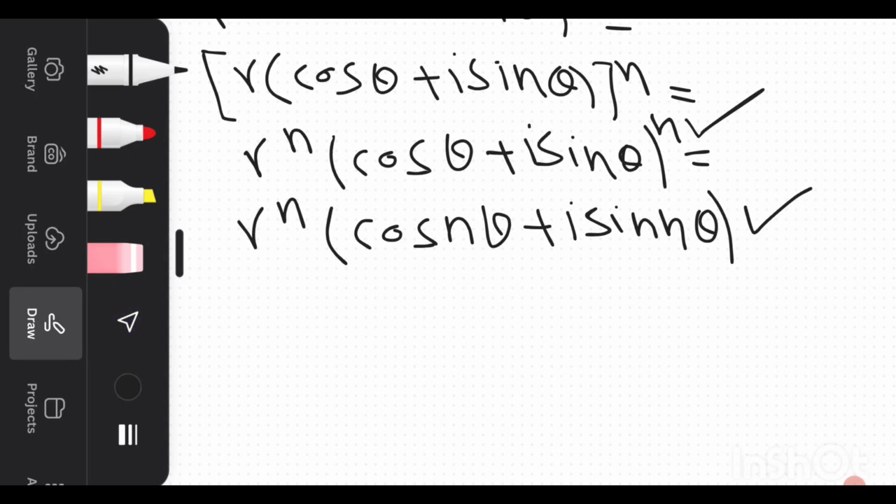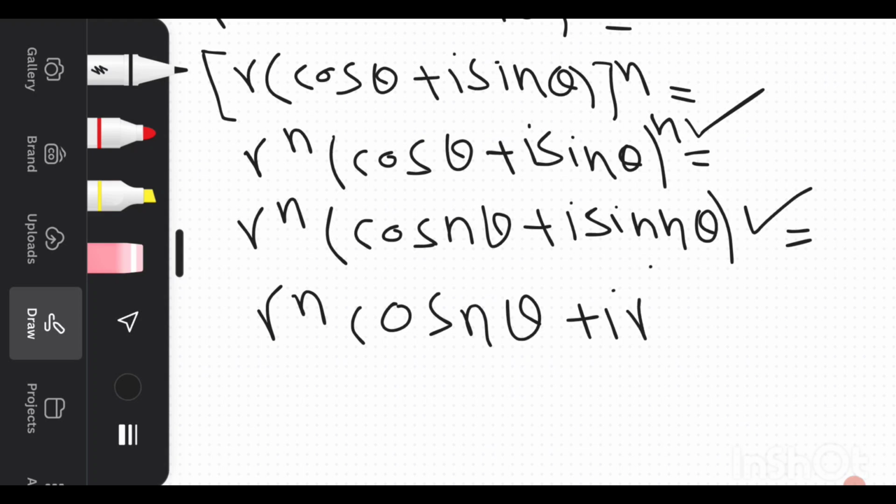So now next, this is equal to r power n cos n theta plus iota r power n sin n theta.